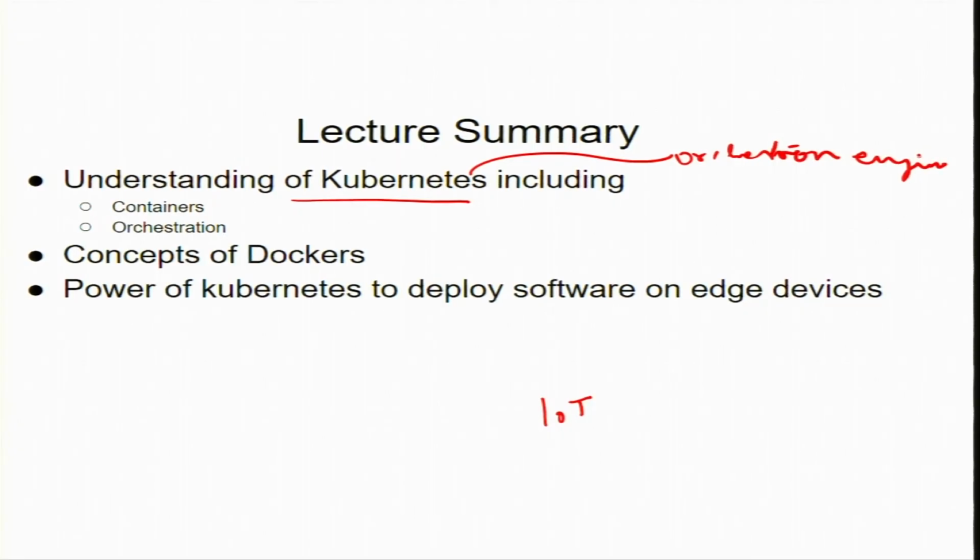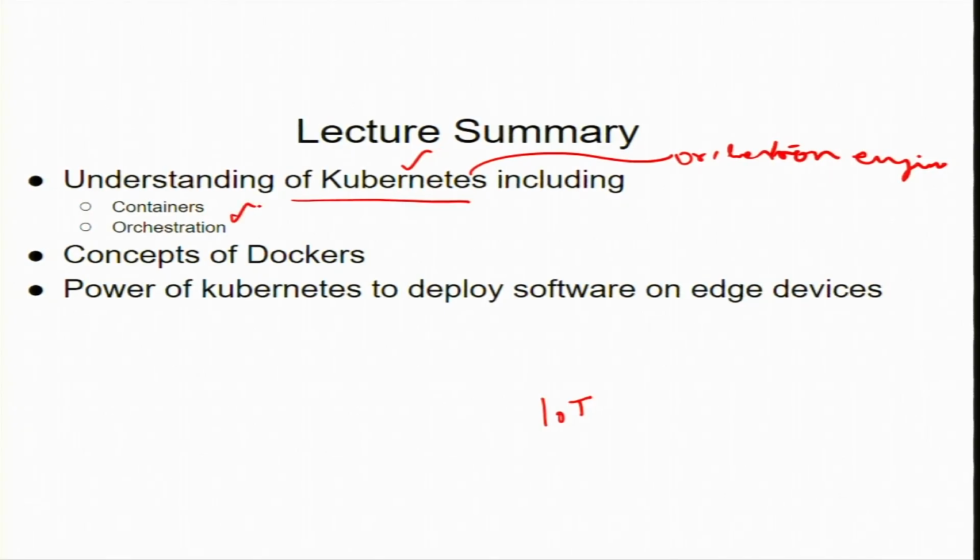Why this is needed is because so many IoT devices are running their software with the help of containers, and this container orchestration, that is, the lifetime of a container, requires continuous monitoring of the states of these containers which are running inside a pod of a Kubernetes cluster, and requires automation like Kubernetes.